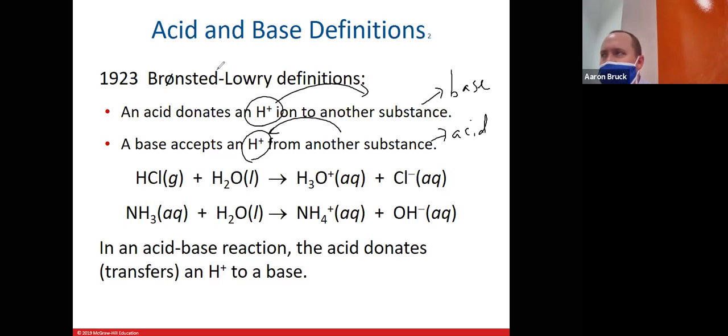So under this particular model, every chemical reaction of an acid involves a base as well. Acids and bases coexist at the same time in these kinds of chemical reactions. Now, they don't always end up with neutralization. That's different. But every acid, in order to act as an acid, needs to have a base that it acts with.